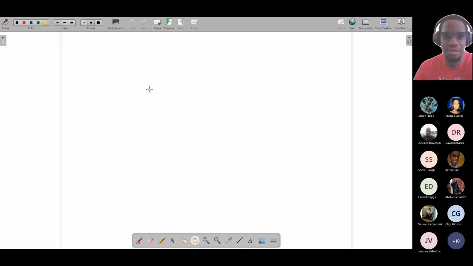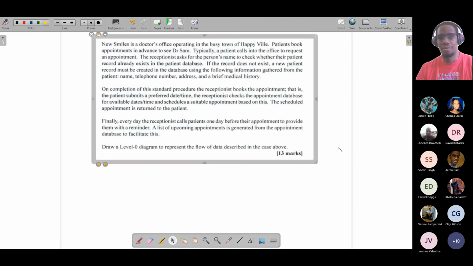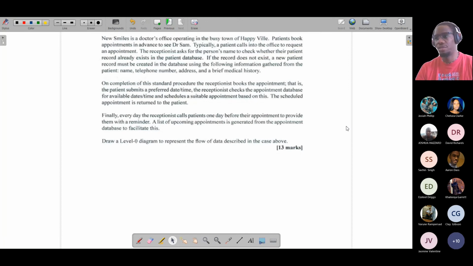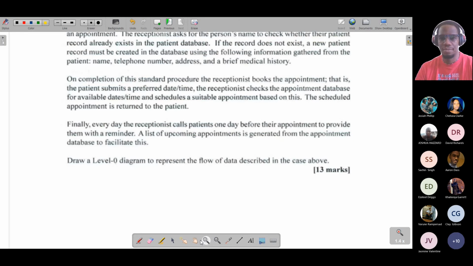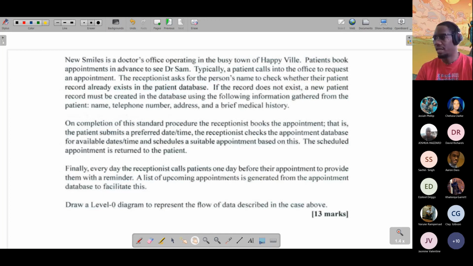I'll give us about 20 minutes to work it through. I have no problem if you want to collaborate with somebody and work with them while you're doing it. I would suggest that you do the context level first so that you get an idea of what is to be done, and then you can do the level 0 diagram, which is the first level DFD.